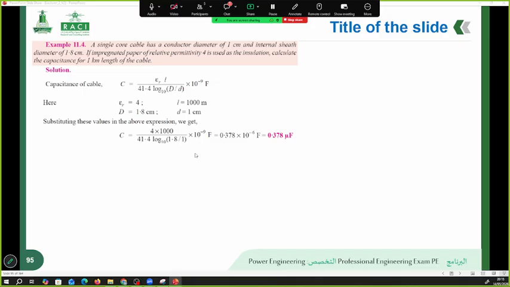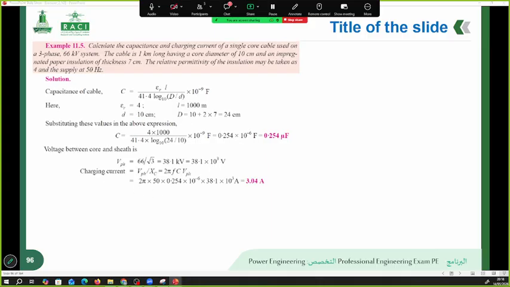We just need to replace the given values. The result shows that the capacitance for 1 kilometer length of the cable is approximately 0.378 microfarad. This example highlights how both the physical dimensions and the dielectric properties directly influence the cable's ability to store charge, and it demonstrates a straightforward method engineers use in cable design and performance evaluations.